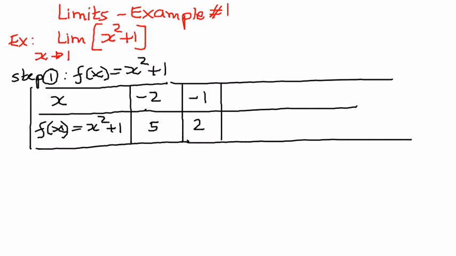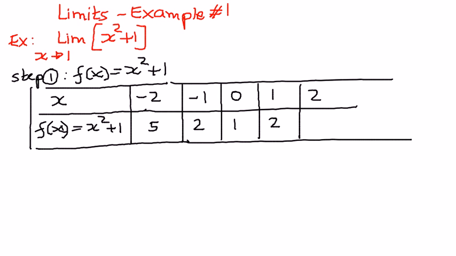When we substitute the value of x as equal to 0, the value of the function is going to be equal to 1. And then we'll pick some points on the positive x-axis. When the value of x equals positive 1, the value of the function is going to be equal to 2. 1 squared plus 1, 1 squared is equal to 1, plus 1 equals 2.